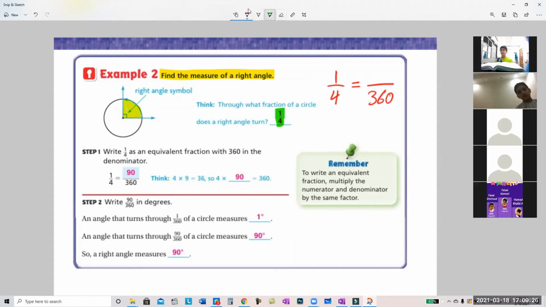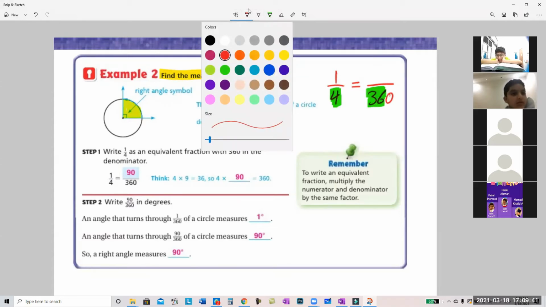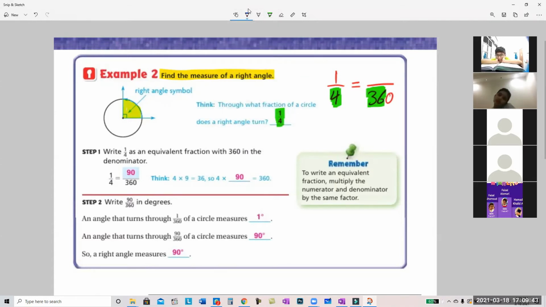We have 1/4 here, and we want to write this as an equivalent fraction with 360 as its denominator. So I will ask you, Fahd, we have 4 here, and we have 36 here. Forget about the 0 for now, okay? So 4 becomes 36. We need to write an equivalent fraction to 1/4 with denominator 360.